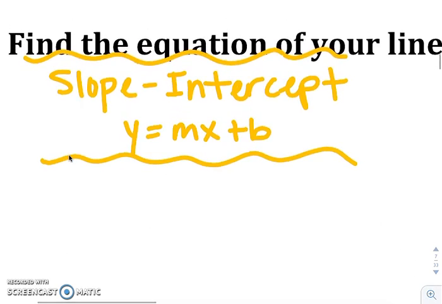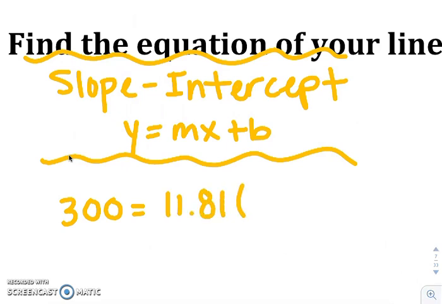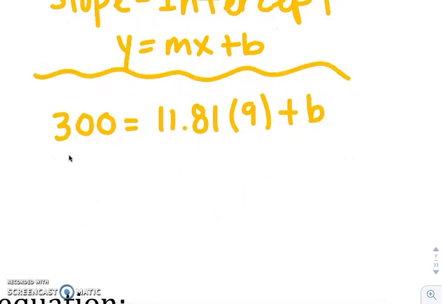In that case, we're just going to take one of our points. It doesn't matter which one. I'll just do the first one. And plug those values in for y and x. So y was 300 equals the slope we just found to be 11.81 times the x value of that point, which was 9. And we're going to solve for b. So 11.81 times 9 is 106.29.